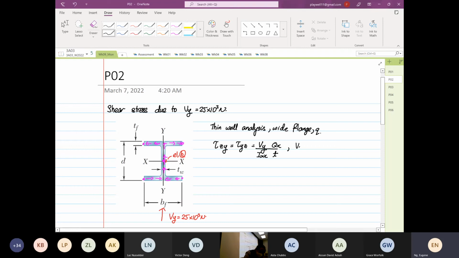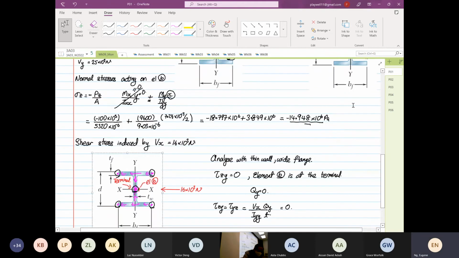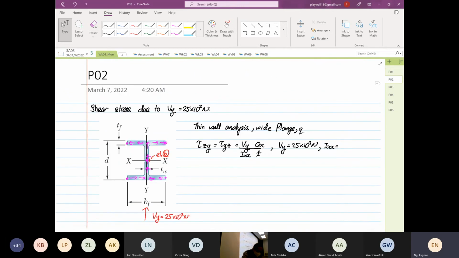Okay, so Vy is equal to 25 times 10 to the power 3 Newton. Ixx, I'm going to refer to the table. Ixx is equal to 40.8 times 10 to the power 6 minus 6.